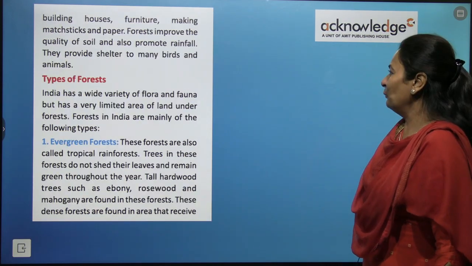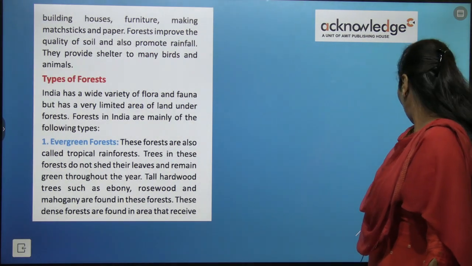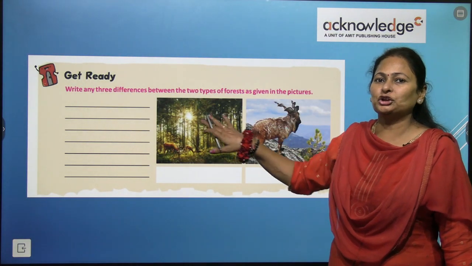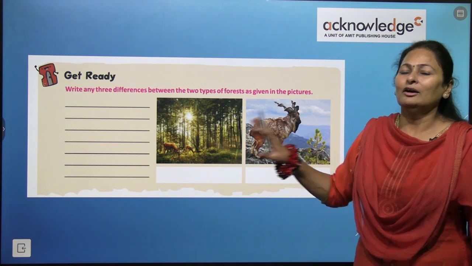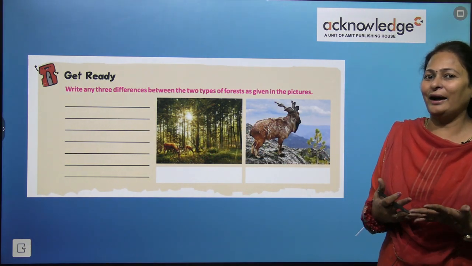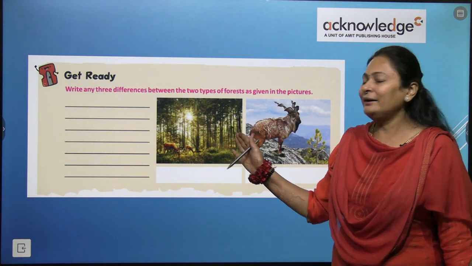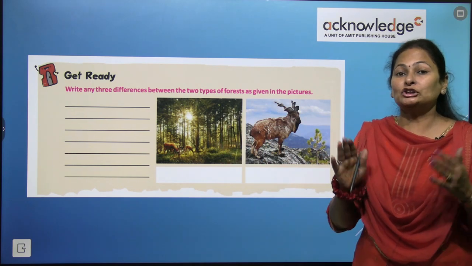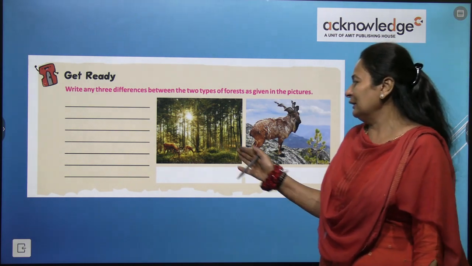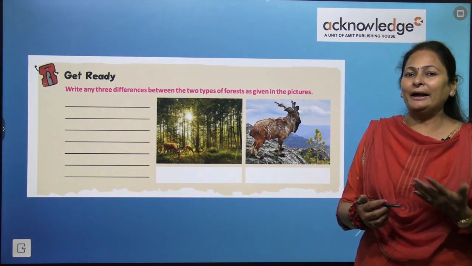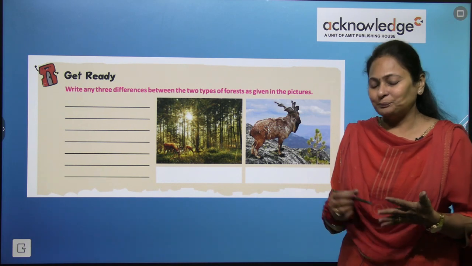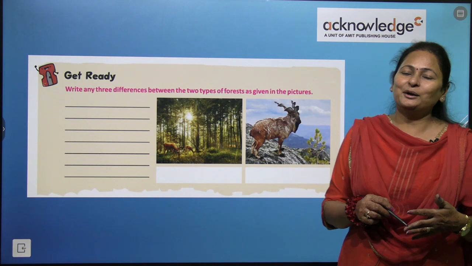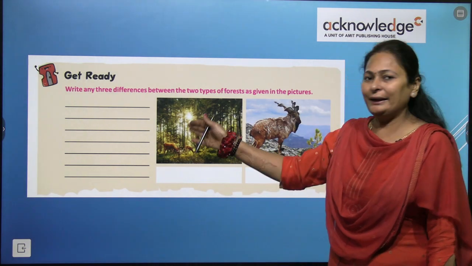So let's move to the first page, which was the get ready exercise. This is the picture of an evergreen forest. Now you can identify it. These are dense forests, right? These types of trees never shed their leaves throughout the year, and you'll find these forests in Andaman and Nicobar Islands, Western Ghats and Northeast India, right?